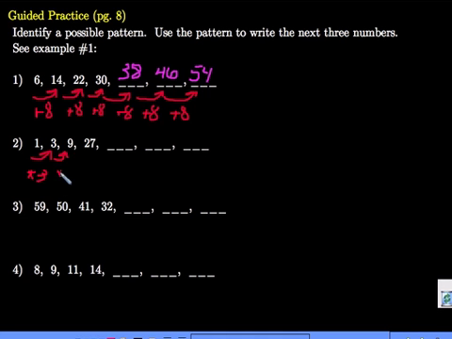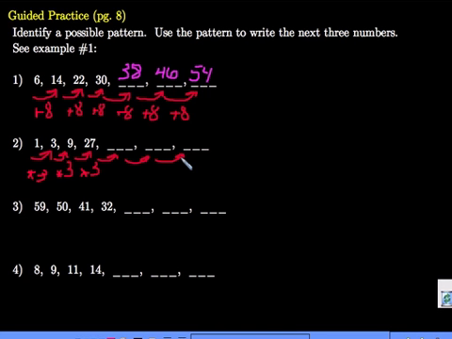From 3 to 9, I multiply by 3. 9 to 27, I multiply by 3. So that's my pattern. I will simply multiply by 3 on every one of those.